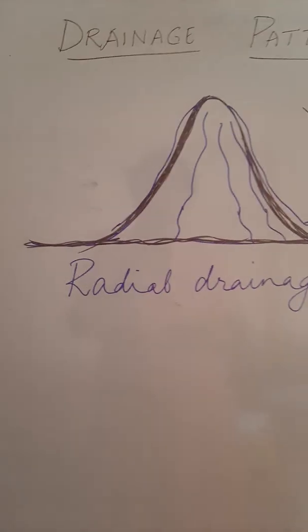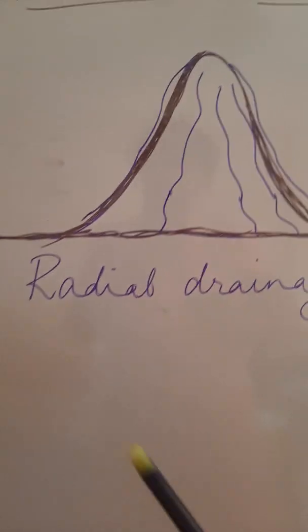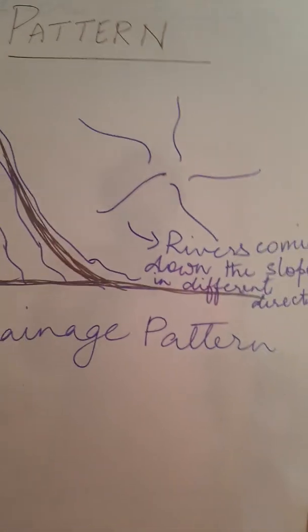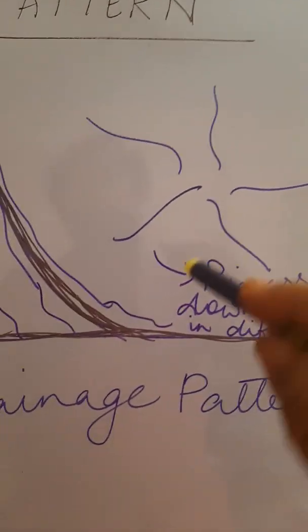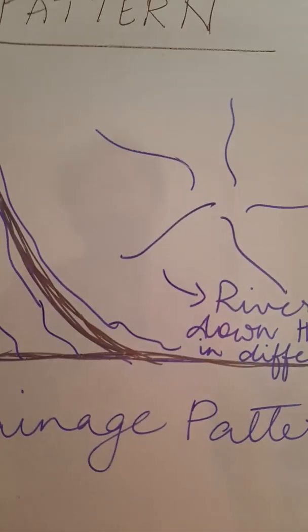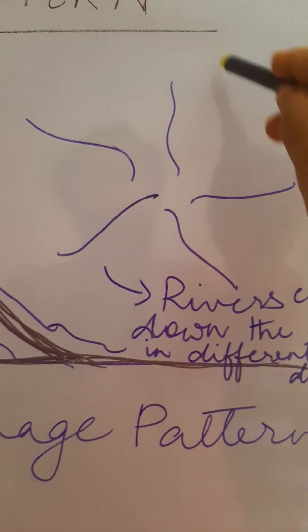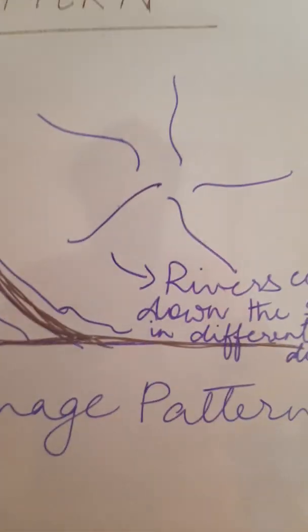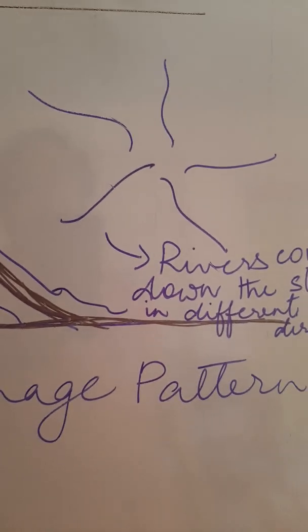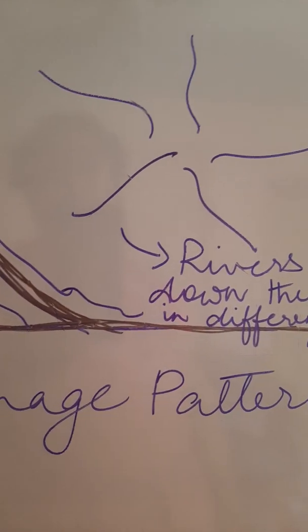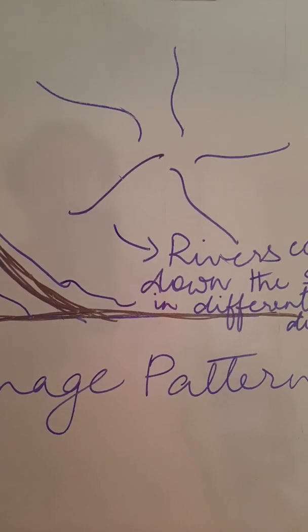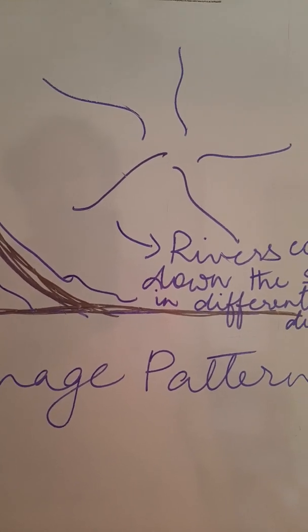The second drainage pattern is the radial drainage pattern. Now a radial drainage pattern, if it is seen from a helicopter, you will find that it will appear just like this. So you can see it is much different. The design that has been formed is much different from what you have seen in the previous one, that is the dendritic pattern.